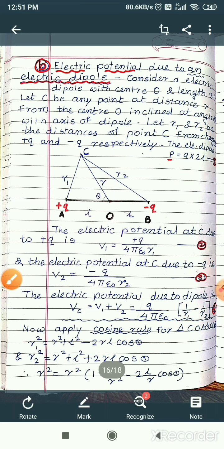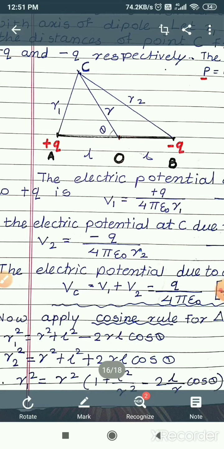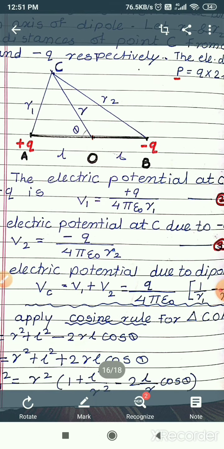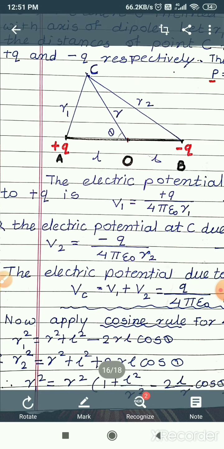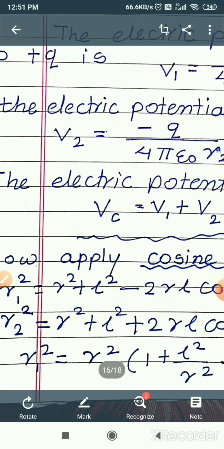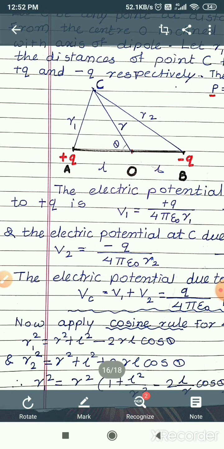Apply the cosine rule for triangle COA and triangle COB. We get r1 square is equal to r square plus l square minus 2rl cos theta. Similarly, r2 square is equal to r square plus l square plus 2rl cos theta.